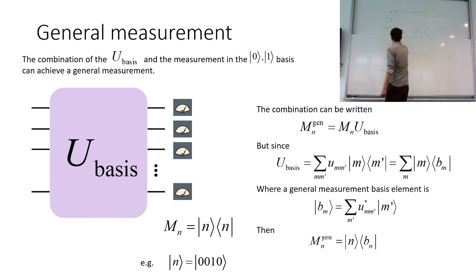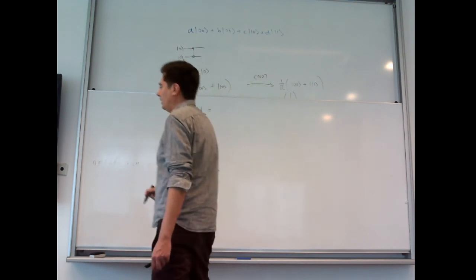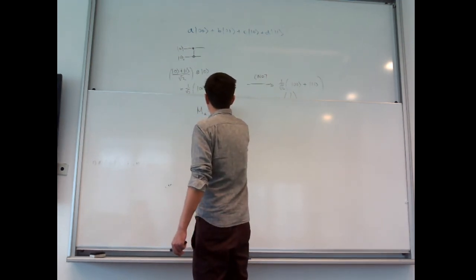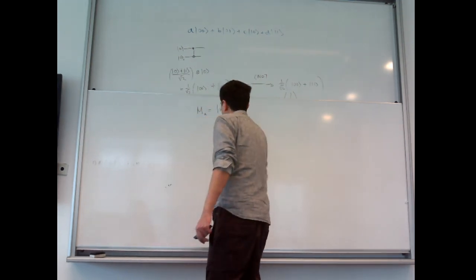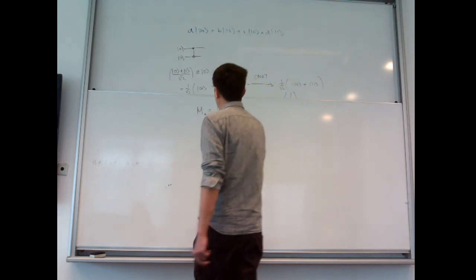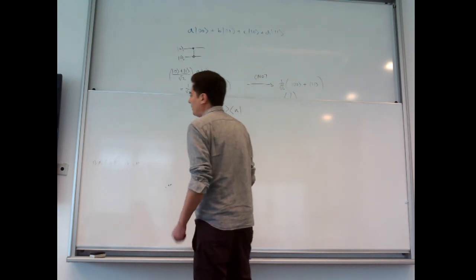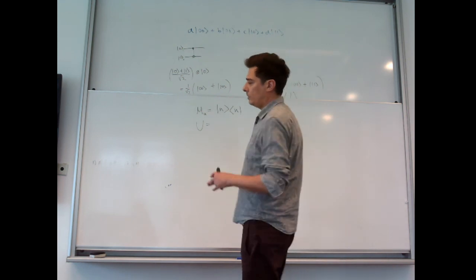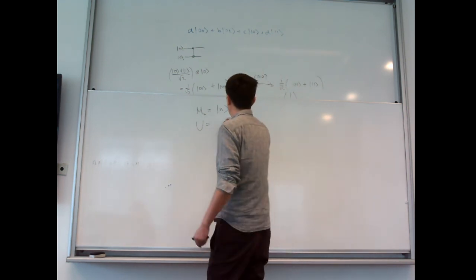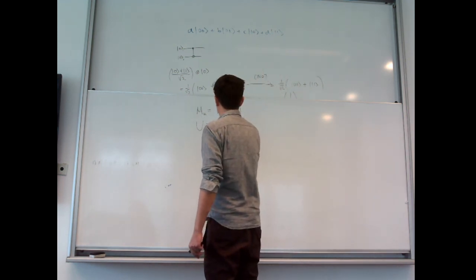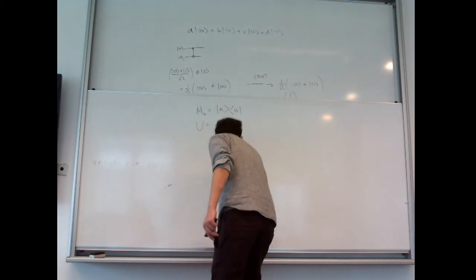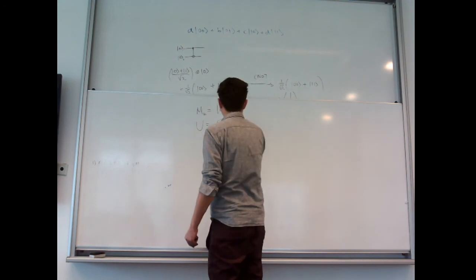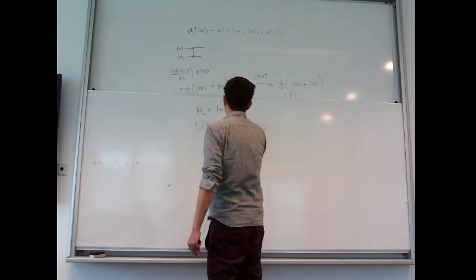So we said Mn is n, and this unitary here, which is the circuit that does the rotation. So I'm writing it as Mn, and this is some general matrix.